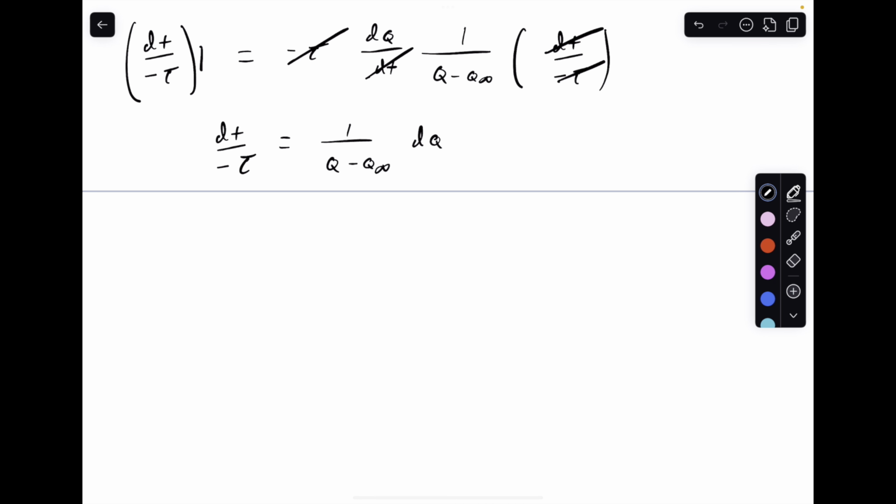So now 1 over q minus q infinity times dq is equal to dt over negative tau. Now I could have kept negative tau on this side, but I personally don't prefer doing it that way because tau is a time-related thing, and I like to keep it on the time side, with the variable time. And now the way you would solve this is you would integrate both sides.